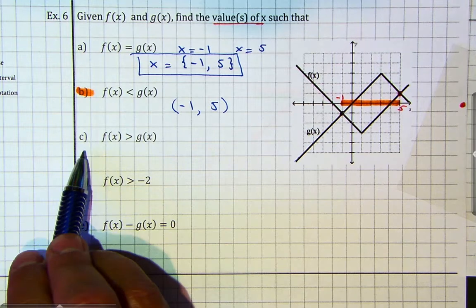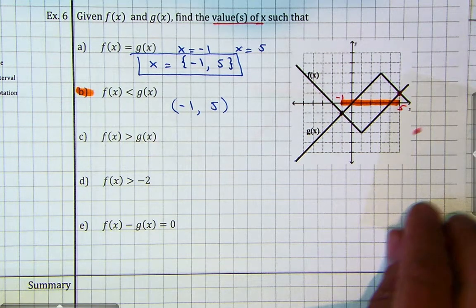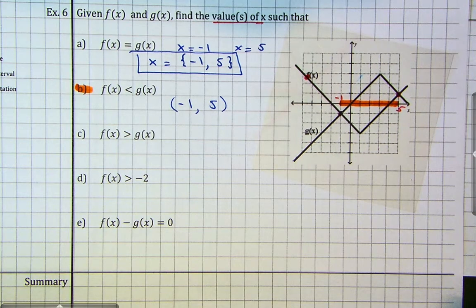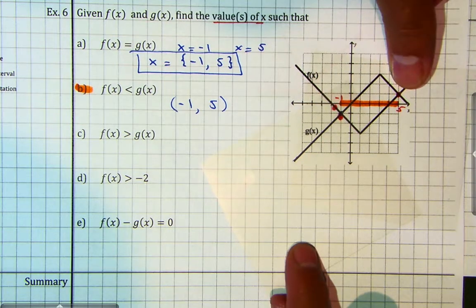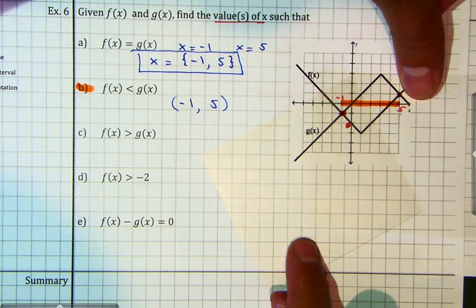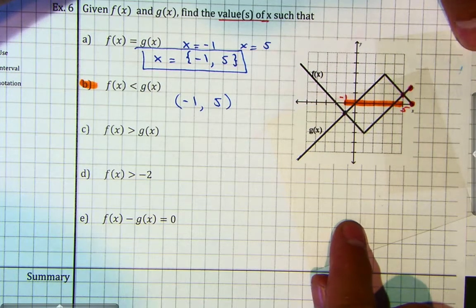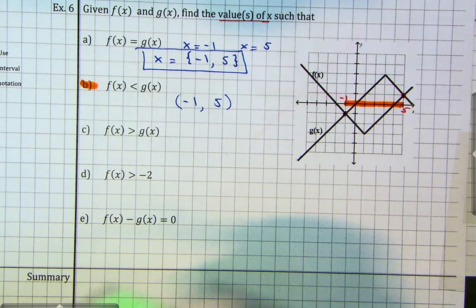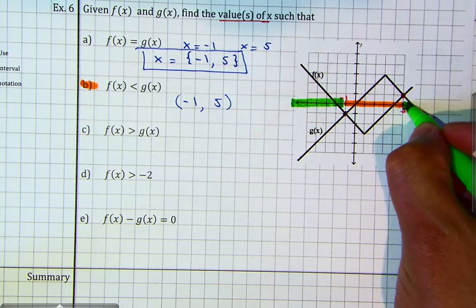Now, letter C. When is f of x greater than g of x? Well, f of x is greater from here all the way up to when they become equal, which is here. Then f of x becomes smaller, and becomes bigger once it gets over here. So therefore, that will be from negative infinity all the way up to -1, and from 5 all the way up.